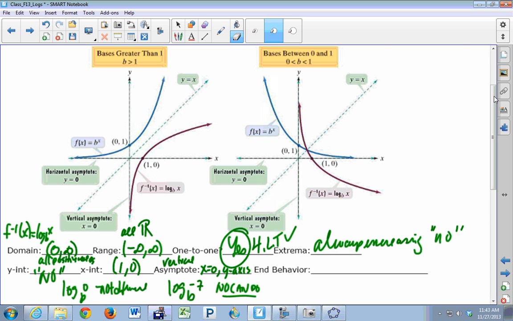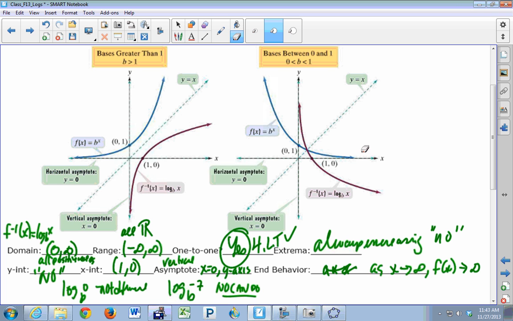And the end behavior as x goes to positive infinity: this thing approaches infinity, very slowly it grows to positive. We don't talk about x going to negative infinity because that's not part of our domain.